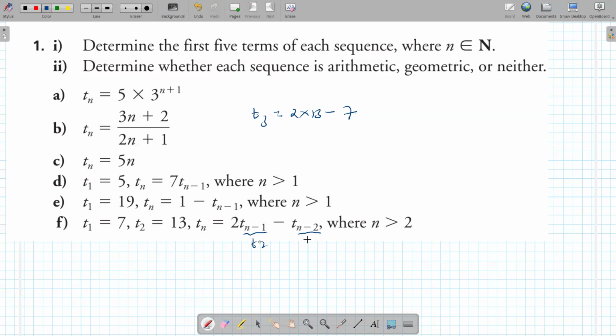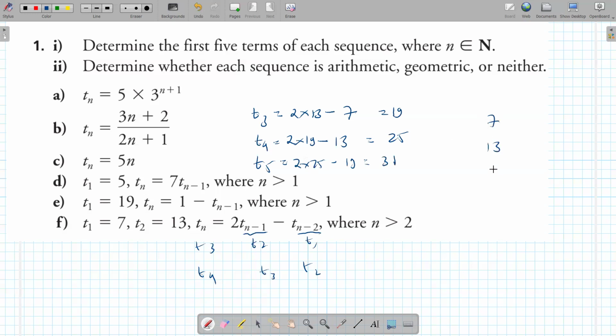So T2 and T1. T3 would use T2 and T1. T4 would use T3 and T2, like that. So that's 26 minus 7, that's 19. T4 would be 2 times T3 minus T2, so that's 38 minus 13, that is 25. This will be 2 times 25 minus 19, 50 minus 19, 31. So we have 7, 13, 19, 25, 31.